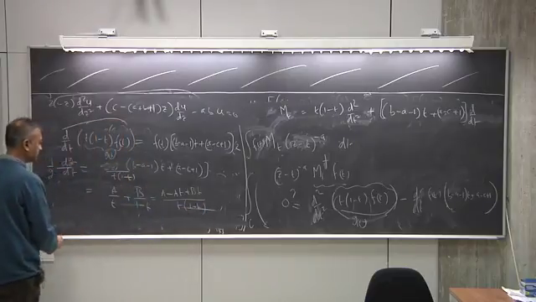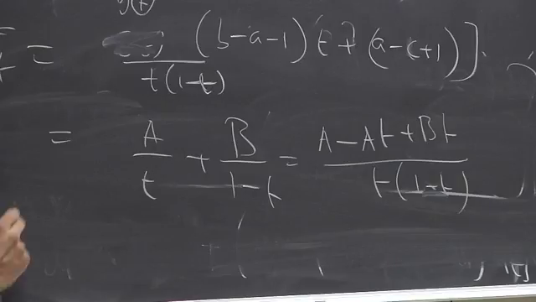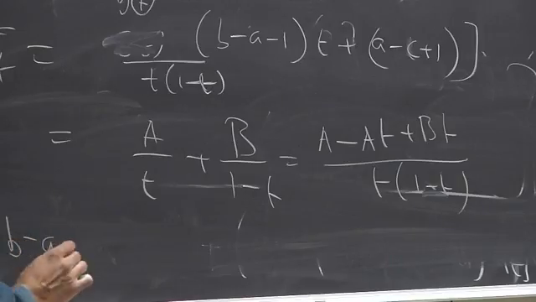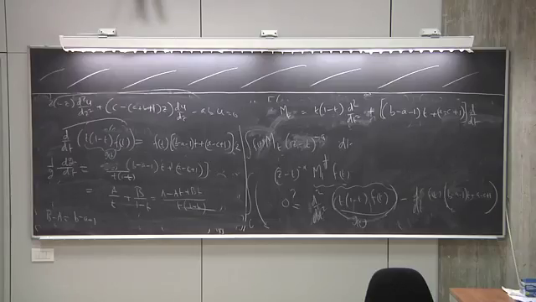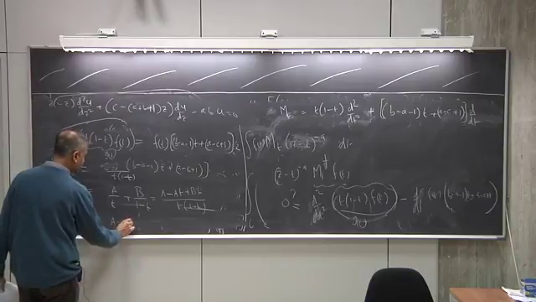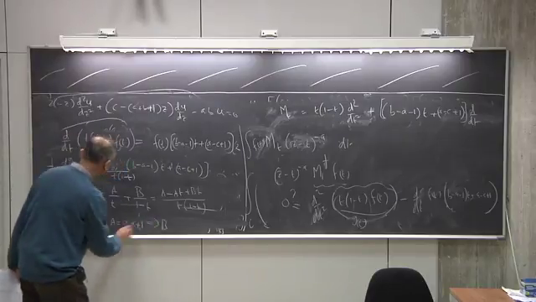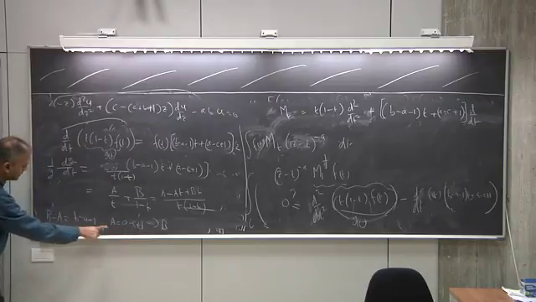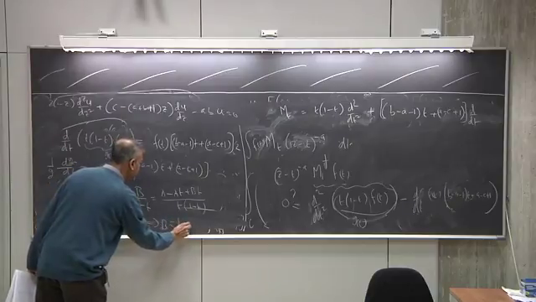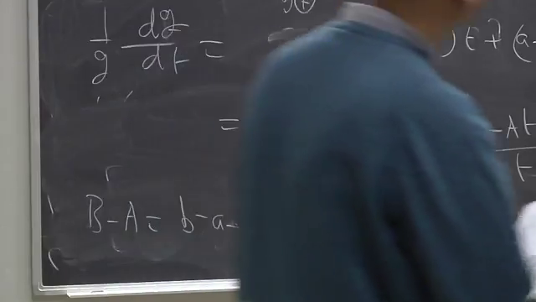Equating these two, you see that B minus A is equal to b minus a minus 1, and A is equal to a minus c plus 1. Therefore B is this plus that; A cancels, and you get b minus c. These are the two, and now I can integrate.